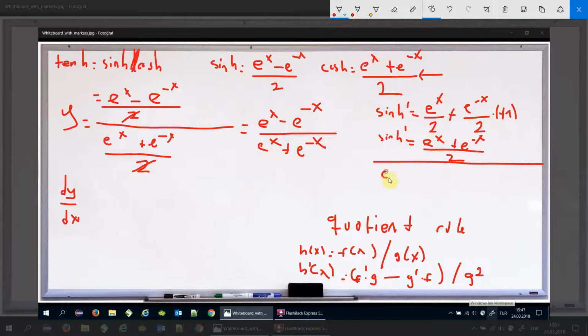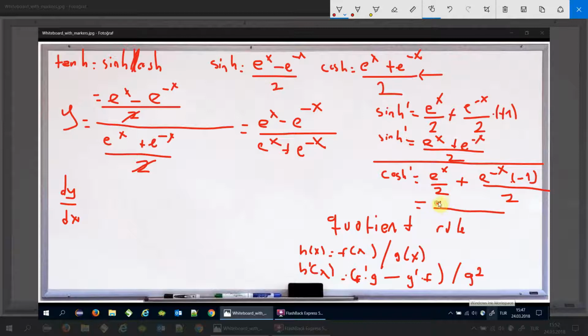Let's prove that. E to the power of x plus e to the power of minus x over 2, sorry, its derivative is equal to e to the power of x over 2 plus, e to the power of minus x's derivative is e to the power of minus x times minus 1, over 2.